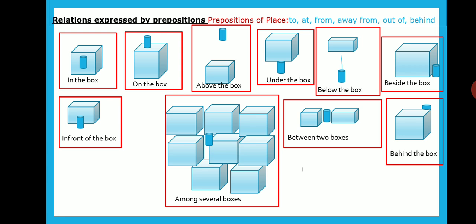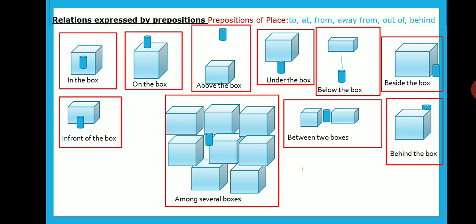So here in this slide, you can easily study the prepositions of place depending upon the figures that are given here. Okay. In the first figure, you see a light blue box and a can inside the box. So which preposition will you use?